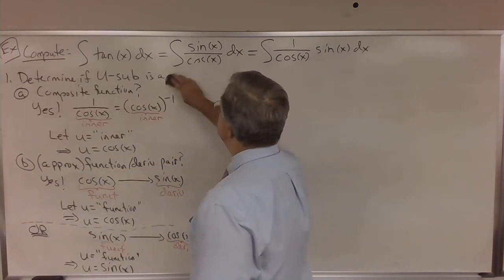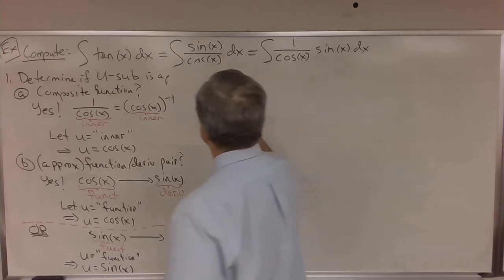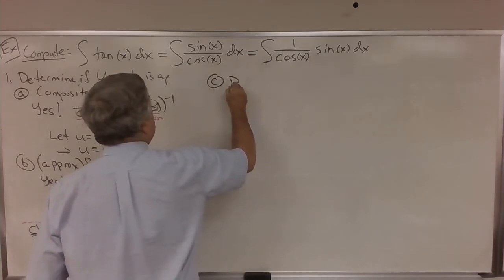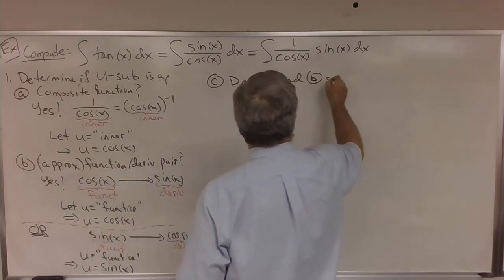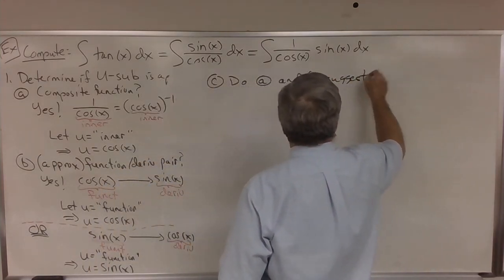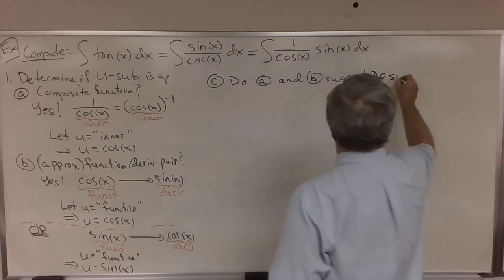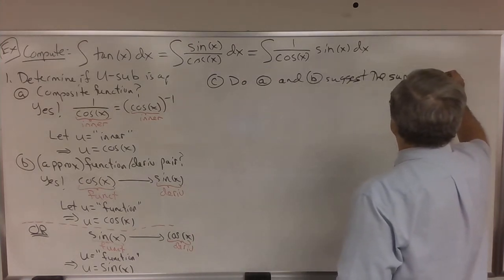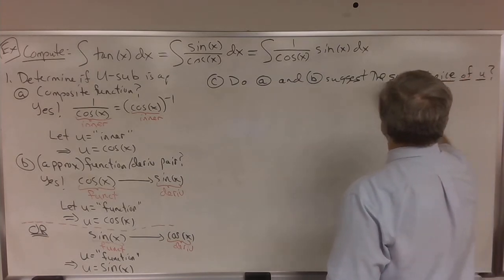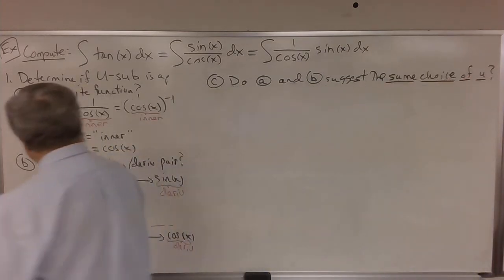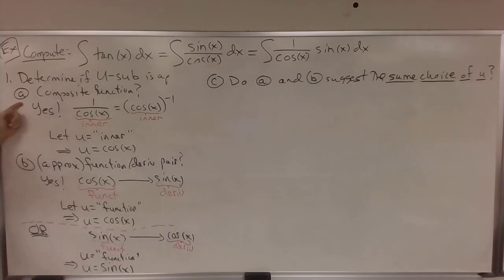Now we go to Criterion C. Do criteria A and B suggest the same choice of u? Well, criterion A says that u should be cosine of x, and we want criterion B to say the same thing.